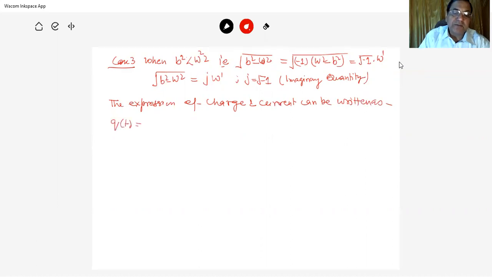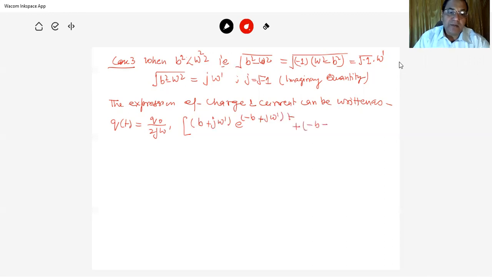This is QT is equal to Q0 upon 2J dash omega dash, B plus J omega dash e raised to the power minus B plus J omega dash T, plus minus B minus and then plus J dash e raised to the power minus B minus J omega dash T.